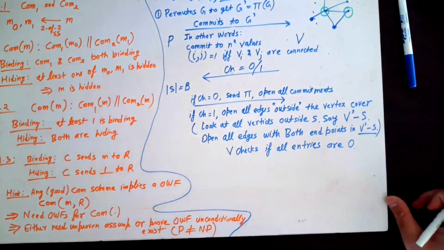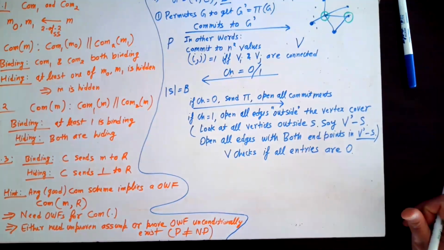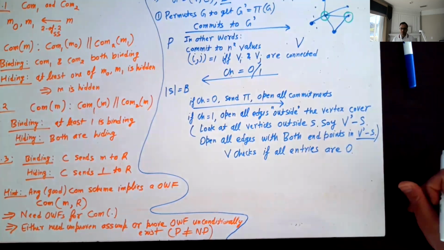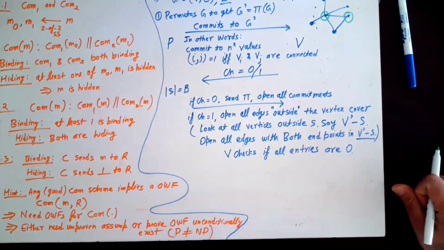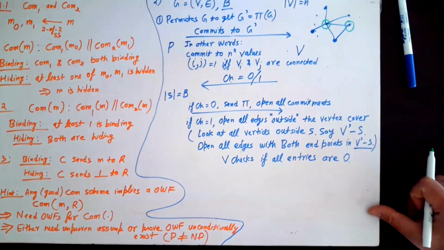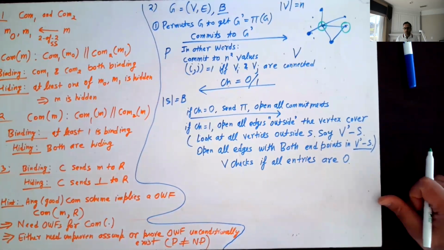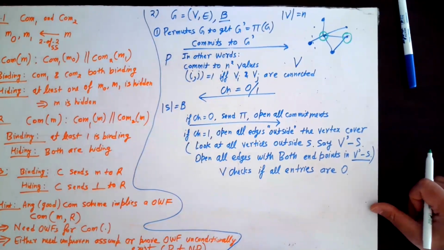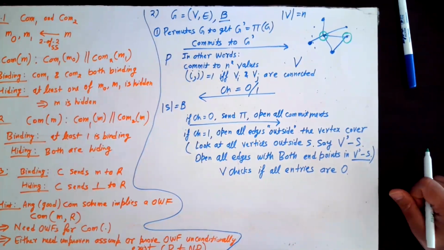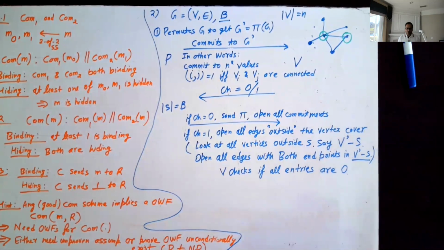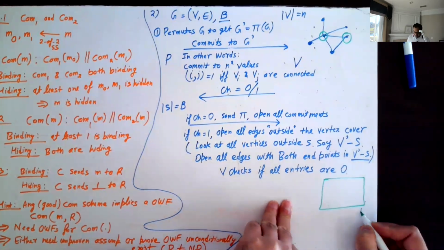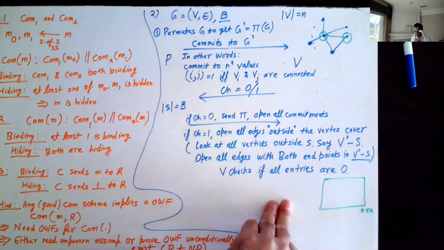How is the verifier checking the set S has size less than bound B? Well, the verifier looks at how many entries of the matrix are revealed. The verifier knows what B is. The verifier knows what V is. But this is the permuted graph, right? But the permuted graph is supposed to have the same number of vertices. So in other words, let's look at this matrix, which has size n by n.